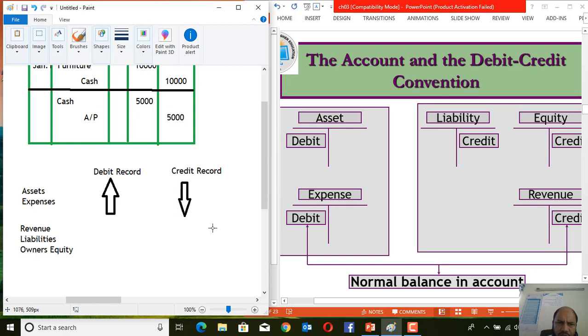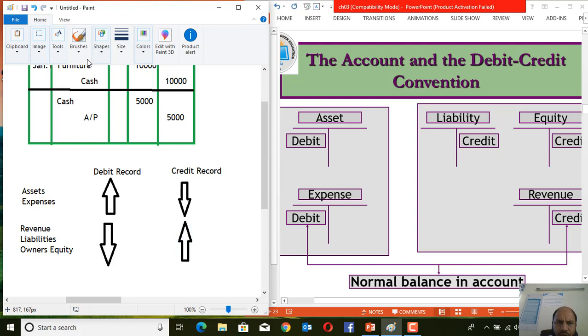This is one. When the revenue account, the liabilities account and the owner equity account are increasing, we will record that at the credit side. But when they are decreasing, we will record it at the debit side. So this is the decrease, and this is the increase in accounts.